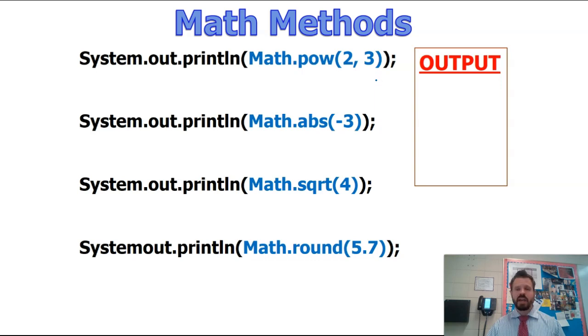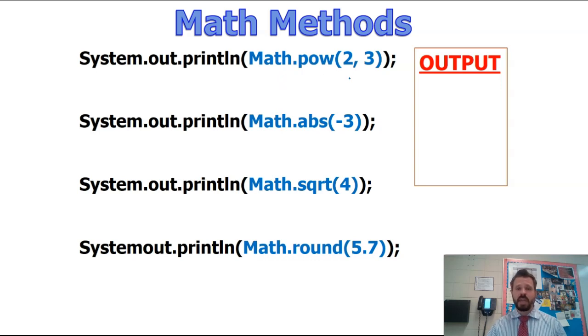And to make sure that the class I'm writing this code in knows where these methods are coming from, we need to use Math.method, and that's true for all the different method calls I have here. And again, these are all static methods. I can't create a Math object, so I can't say something like math1 equals new Math object. That doesn't exist in our Math class.